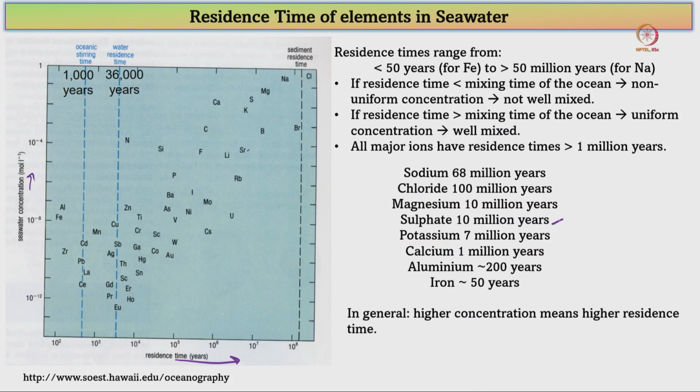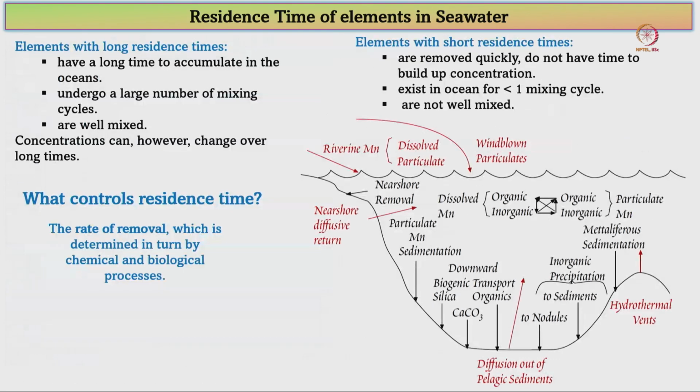Now, if you consider that 1000 years is the mixing time, then 10,000,000 divided by 1000 years means sulfate is getting recycled 1000 times. That is how you can see how many cycles it can undergo, and therefore they are very well mixed.